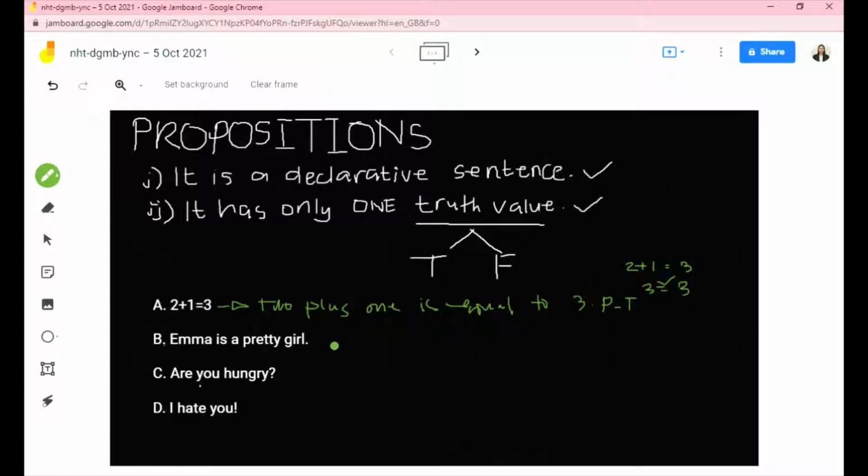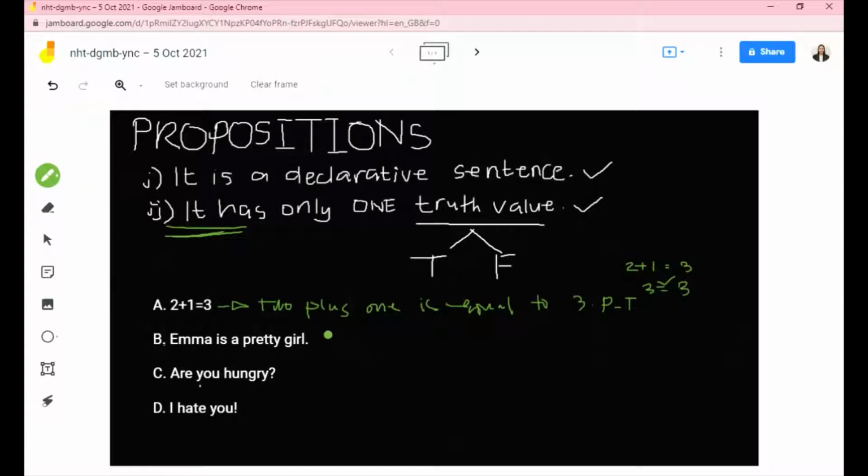But other individuals will disagree, saying no, Emma is not pretty. So there are two truth values: true for some, and false for others who do not agree that Emma is pretty. And since this instance violates the second condition, therefore it is not a proposition.